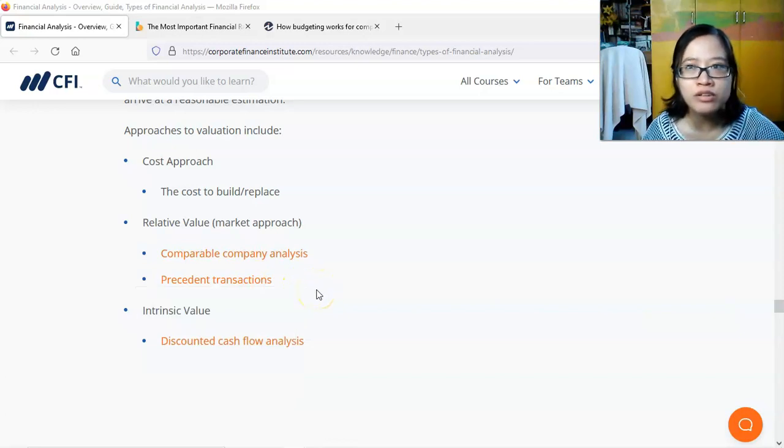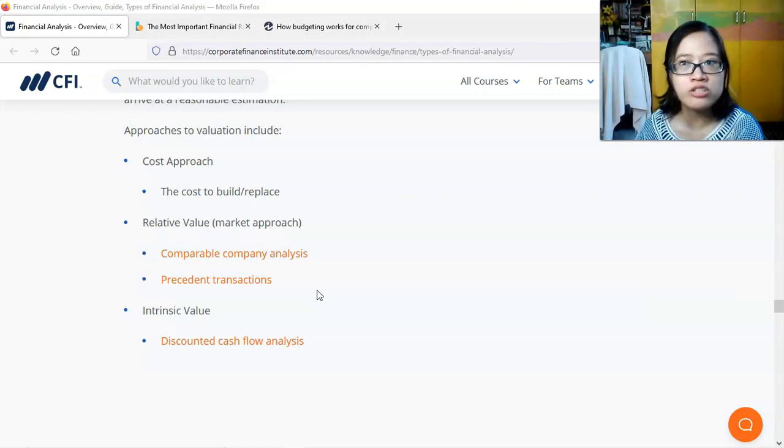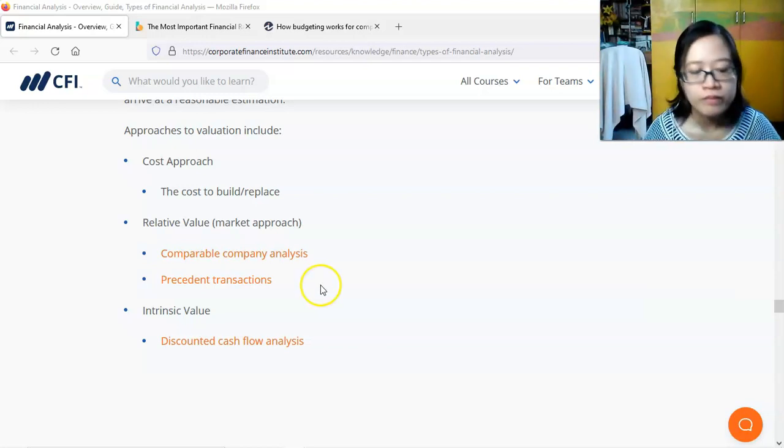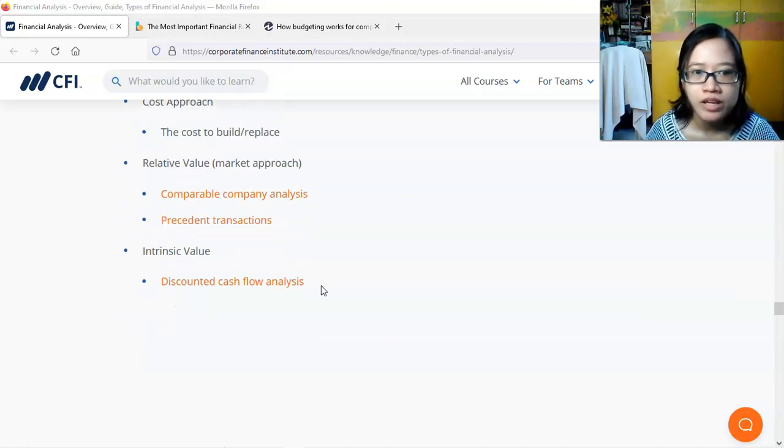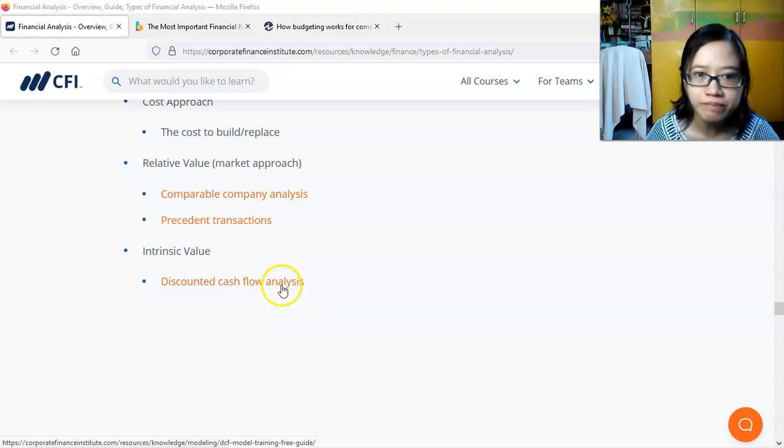So, kung merong, in the previous year, meron bang mga investments na ginawa yung company and they are expecting it to help increase the revenue generation in the coming year. So, in a way, you can adjust yung valuation ng company. Na, in a way, positive siya, no? Kasi since they made investments in the previous years, there is really a possibility na lumaki yung kanilang revenue in the future years. Okay? And then yung intrinsic value, discounted cash flow naman siya.